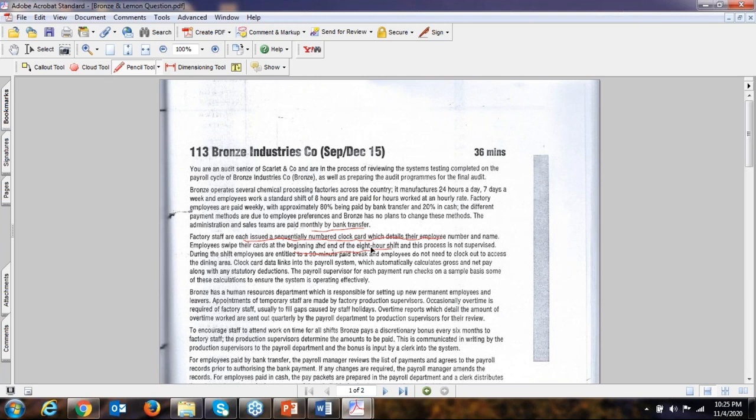The important thing which the auditor needs to mention is why it is a key control, and what the advantage of this key control is. Factory staff are issued a sequentially numbered clock card which details their employee number and name, and employees swipe their cards at the beginning and end of an 8-hour shift.